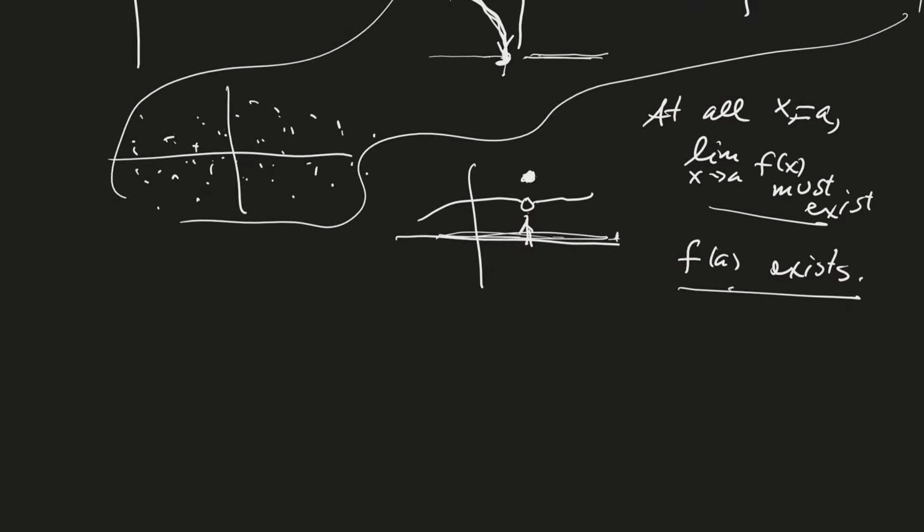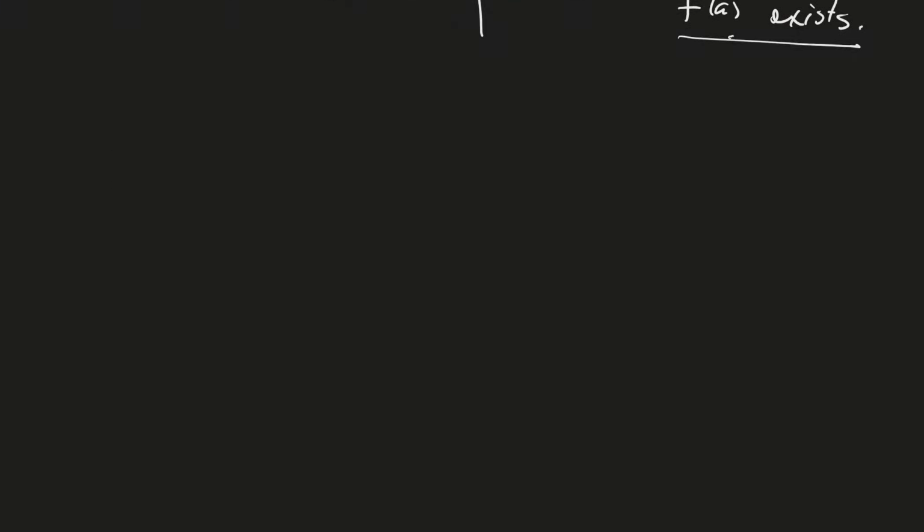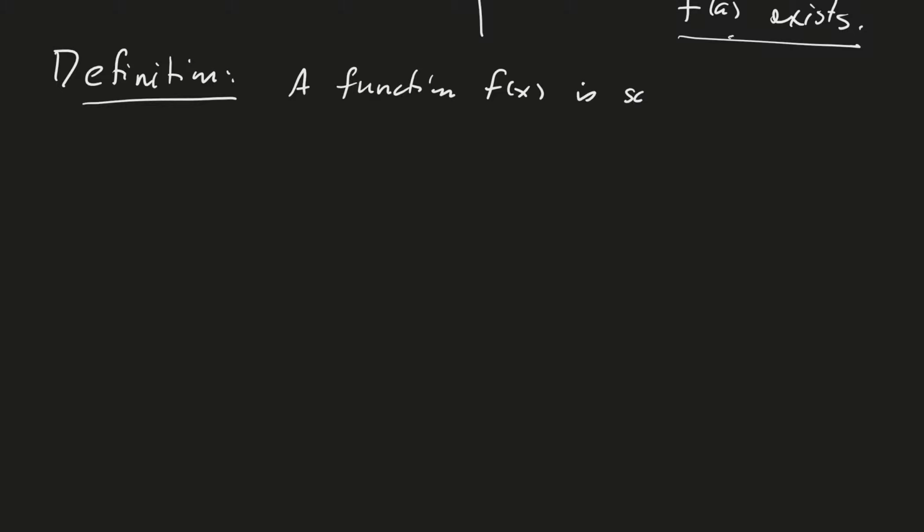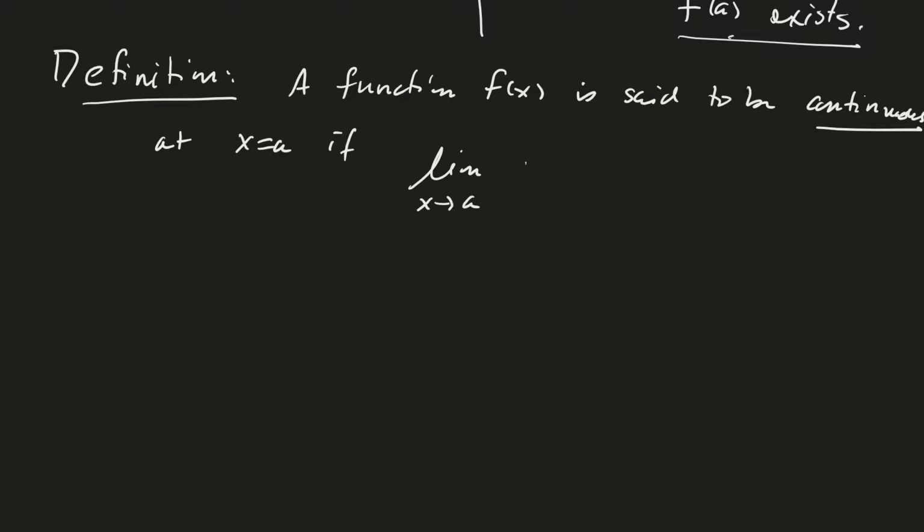So let me summarize all that mess with a formal definition. Definition: a function f of x is said to be continuous at the point x equals a if the limit as x approaches a of f of x is equal to f of a.